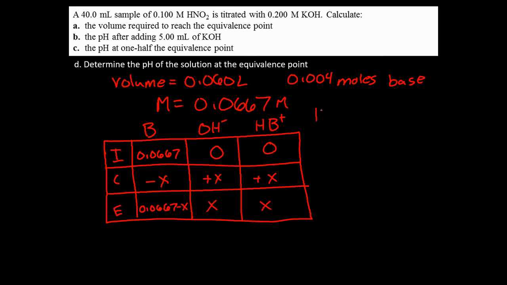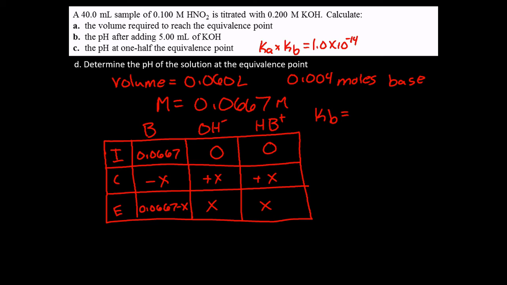I do need to find Kb here, and to do that, I'm just going to utilize Ka times Kb is equal to 1 times 10 to the negative 14. So I know Ka is 4.6 times 10 to the negative 4.